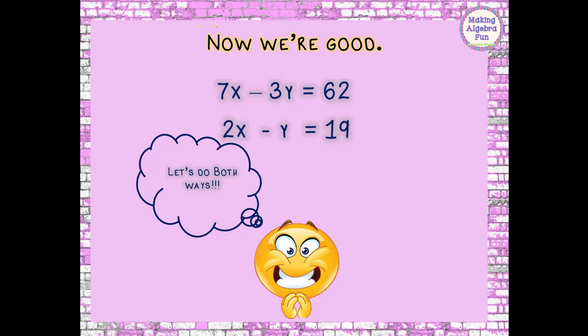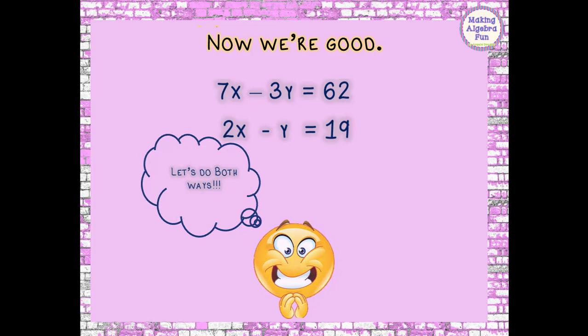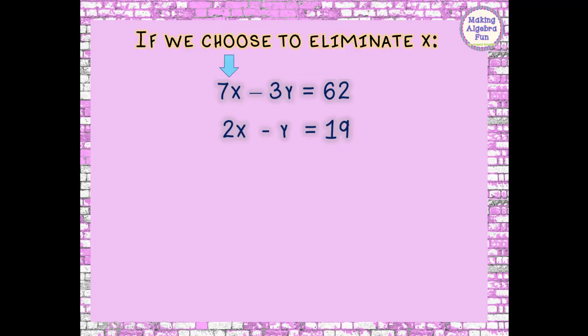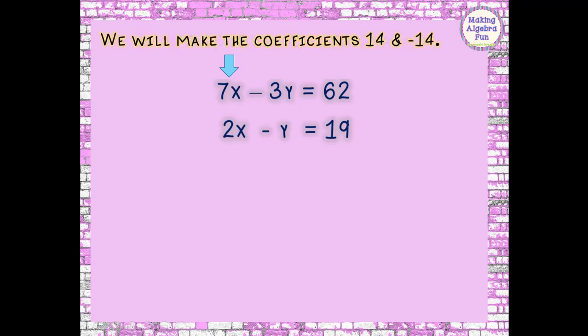I keep saying it doesn't matter, but that way you'll know for sure. So we're going to start by eliminating the x's. I'm thinking I need to make them a 14, but keep in mind they have to have different signs. So I'll choose to make the top one negative 14 and the bottom one positive 14. And so I just distribute.